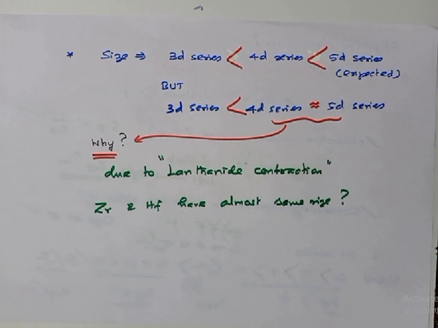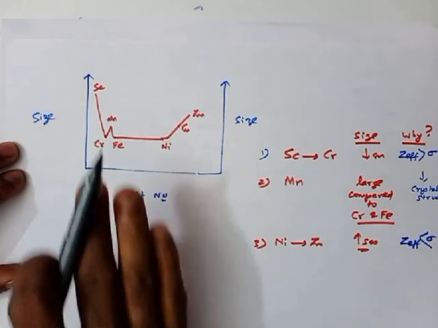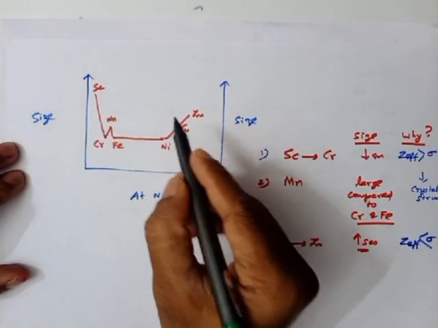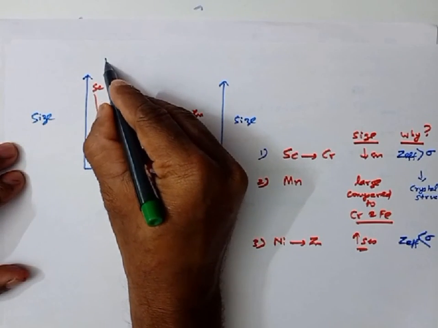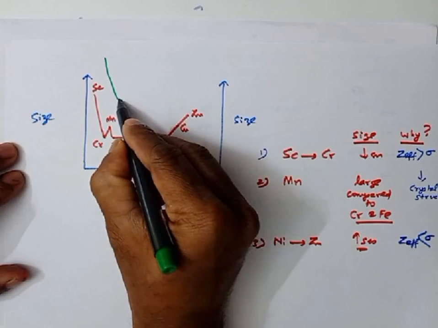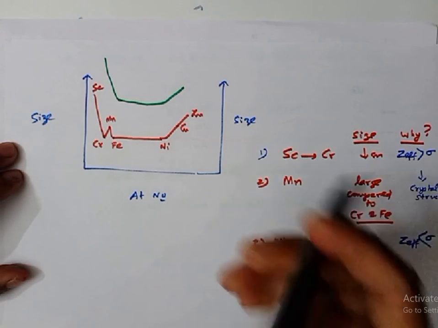If you plot the size of the 4D series and 5D series here, this is 3D. These are the 3D series elements. Now I'll plot the 4D series. 4D series elements vary like this, and if you see the 5D series elements, this is 4D.